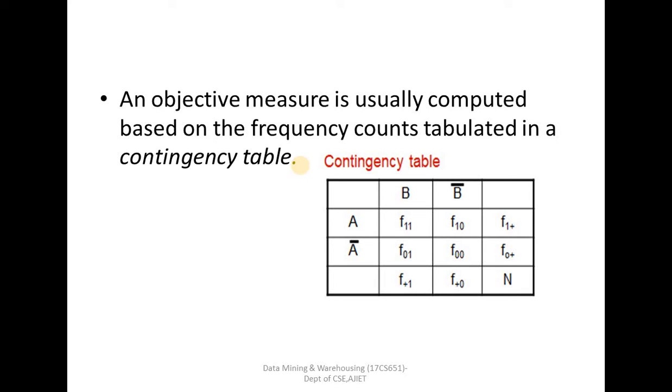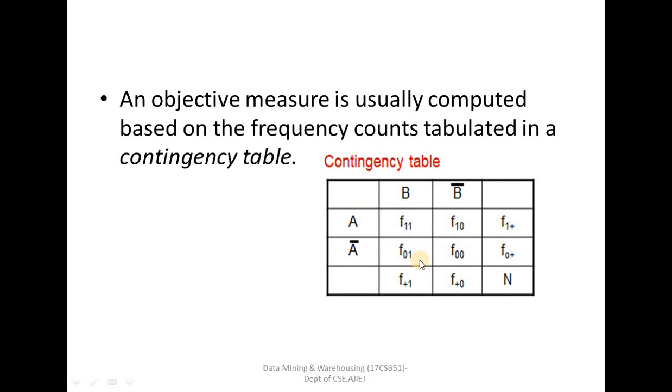Each entry Fij is the frequency of occurrence of that particular combination, so Fij denotes a frequency count. For example, F11 indicates the number of times A and B both appear in the same transaction.